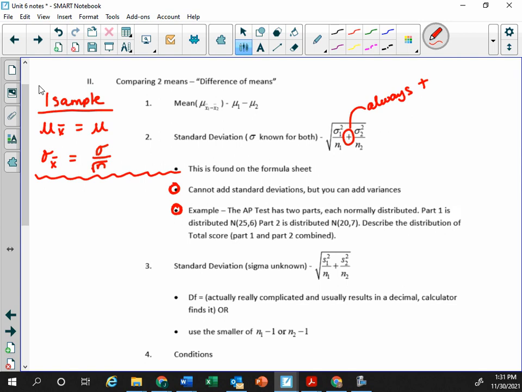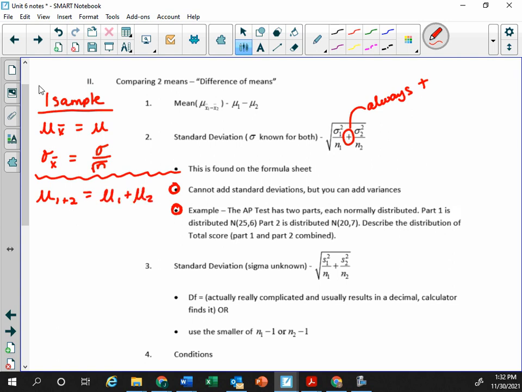The AP test is 2 parts, each normally distributed. Part 1, it's normally distributed with a mean of 25, a standard deviation of 6. In the second part, mean of 20, standard deviation of 7. Describe the distribution of the combined score for part 1 and part 2. So that just means you'd be looking at the mu of part 1 plus part 2, which would be the mu of part 1 plus the mu of part 2.